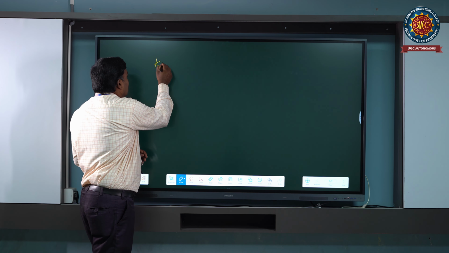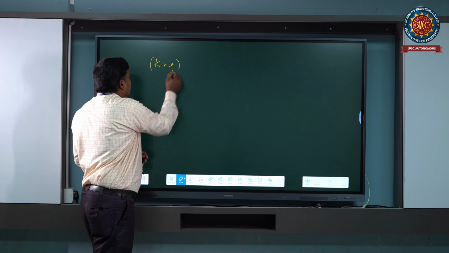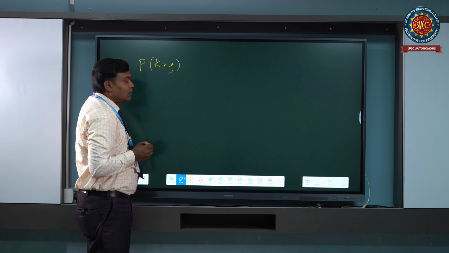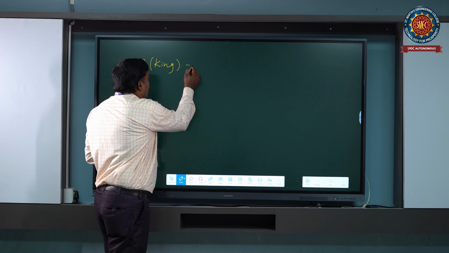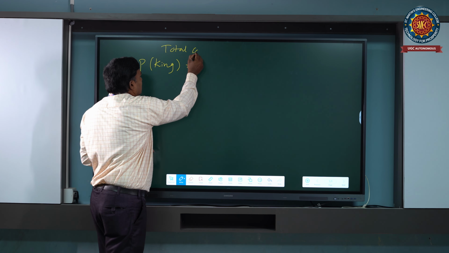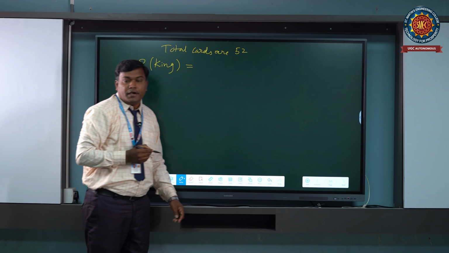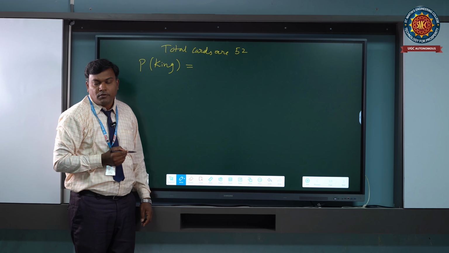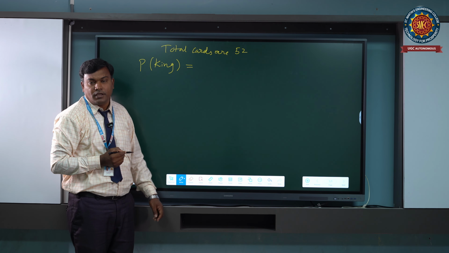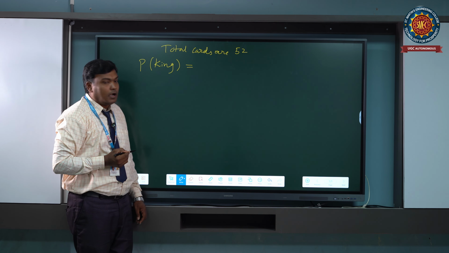King probability is indicated with capital P. Total cards are 52, and I am asking how many king cards we will get.